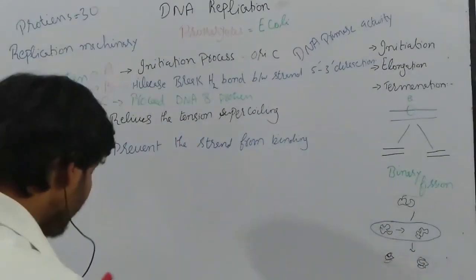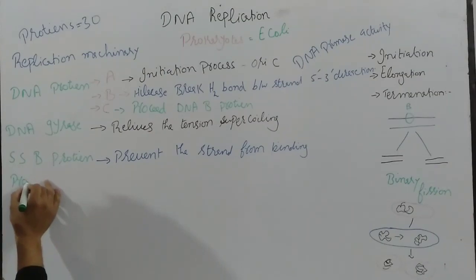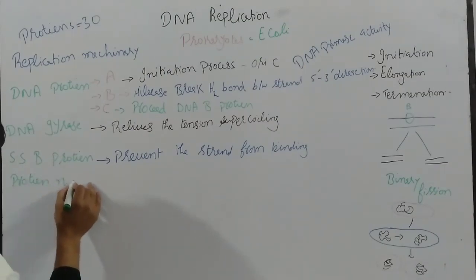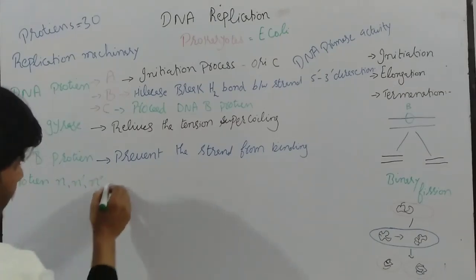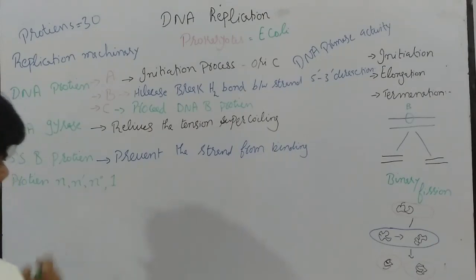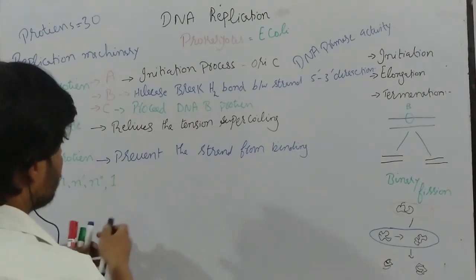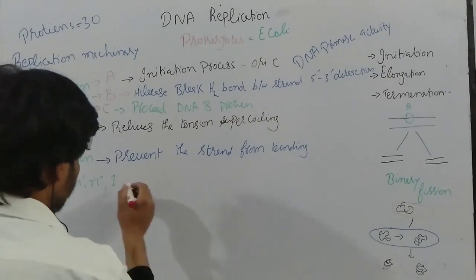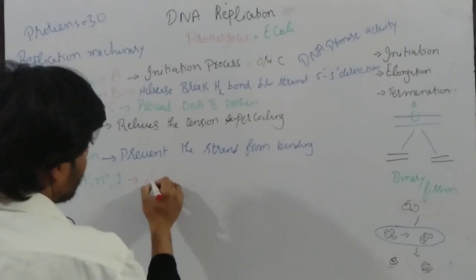Then we have other proteins we call protein N single prime, N double prime, and protein I. These proteins are usually involved in the assembly of the chromosomes.